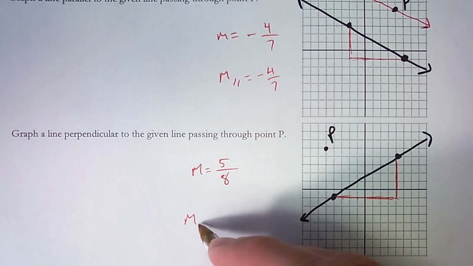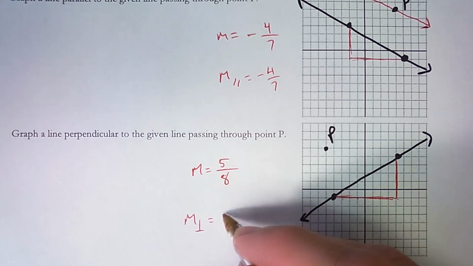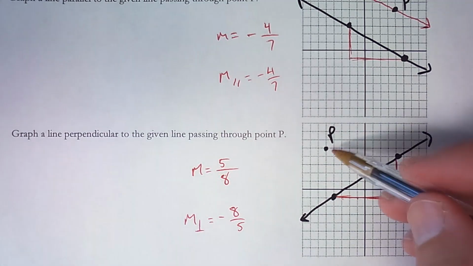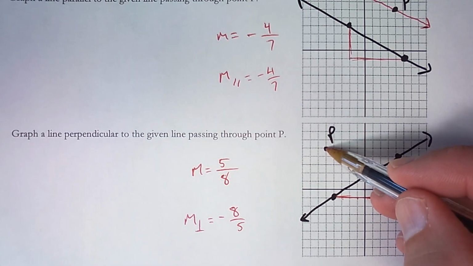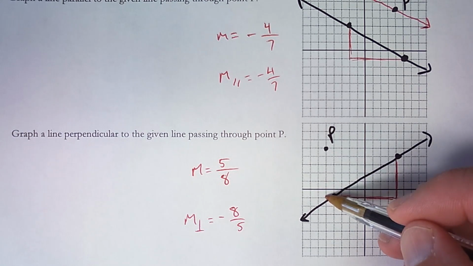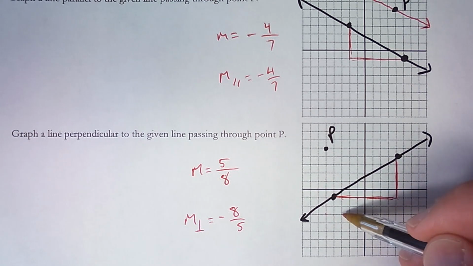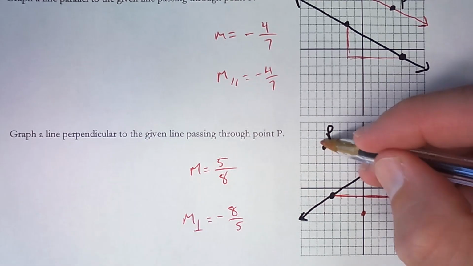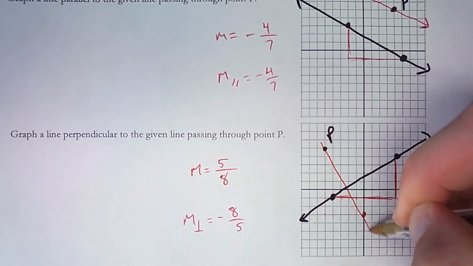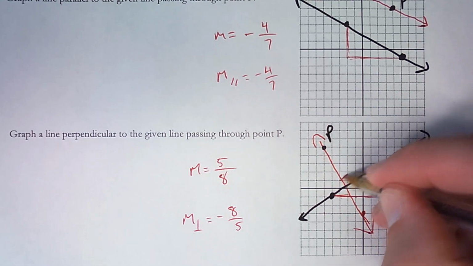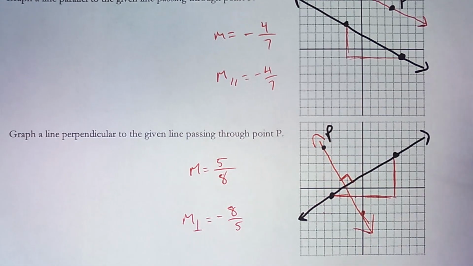The slope of a line perpendicular is the opposite reciprocal, negative 8/5. So from point P here, I'm going to go down 8 and right 5. And this line will be perpendicular to the given line. So that is now a right angle.